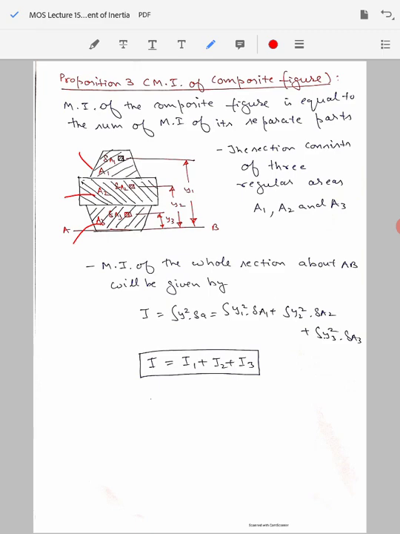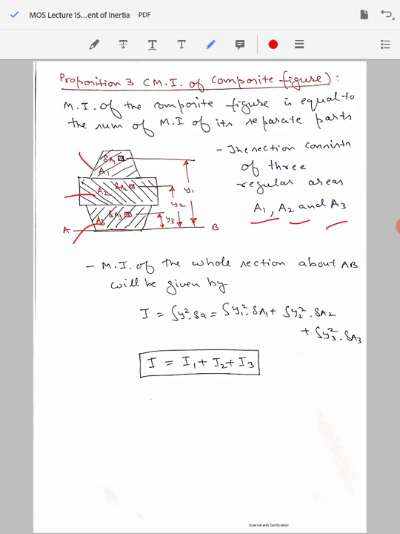You want to determine the moment of inertia of this total figure. The complete section is made up of three different regular areas, and their areas are A1, A2 and A3.